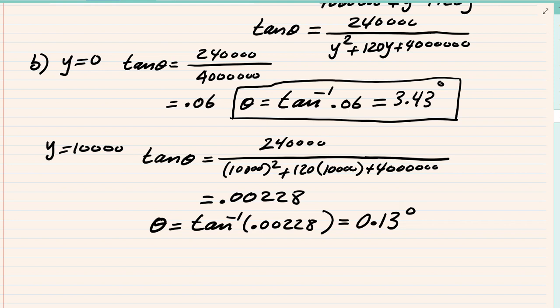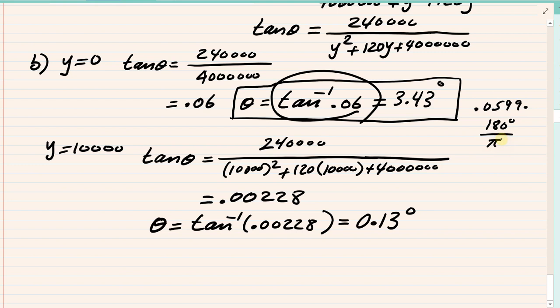When you actually work out the arctan of 0.06, that one I got to be 0.0599, multiplied by 180 divided by pi, and that's how I got 3.43 degrees.